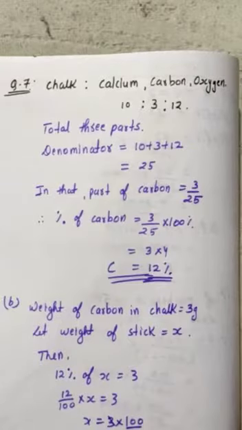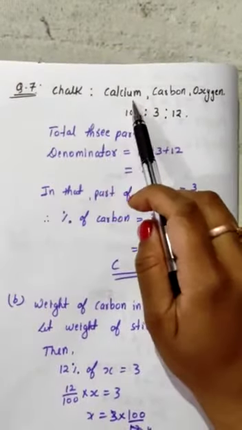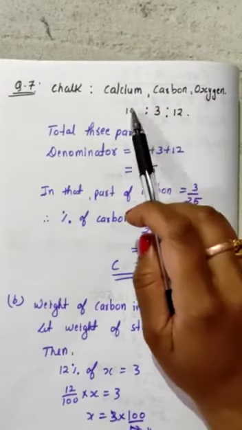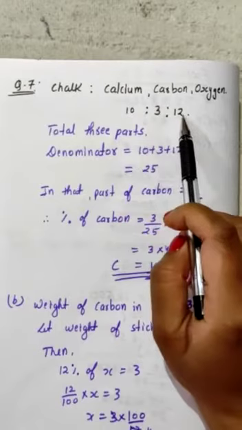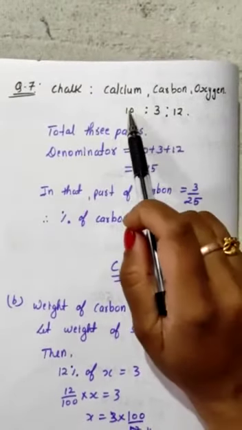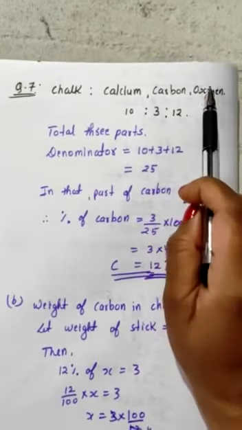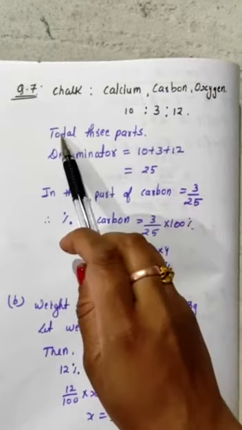In the next question, it is given that chalk, the chalk with which we write on the blackboard or the green board, consists of calcium, carbon and oxygen in the ratio 10:3:12. That means one stick of chalk contains 10 parts of calcium, 3 parts of carbon and 12 parts of oxygen. So how many total parts are there?